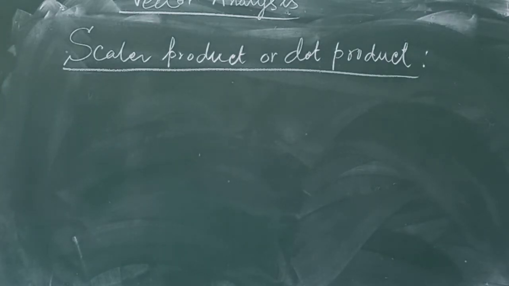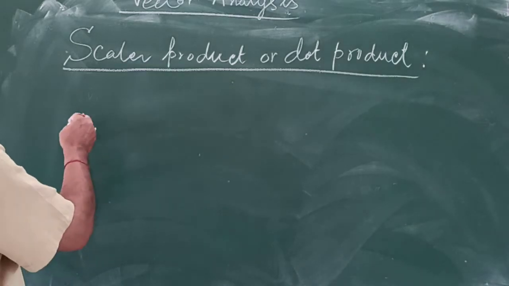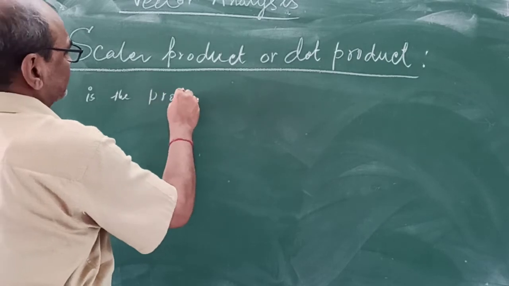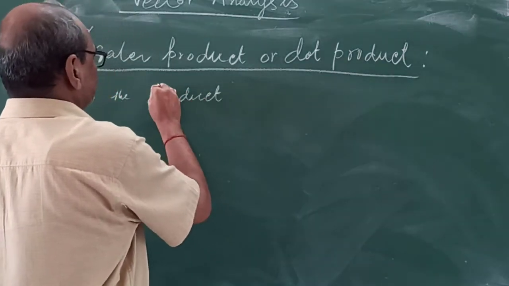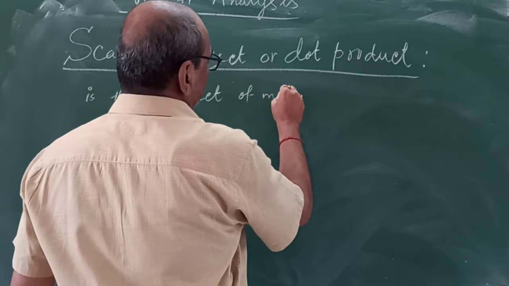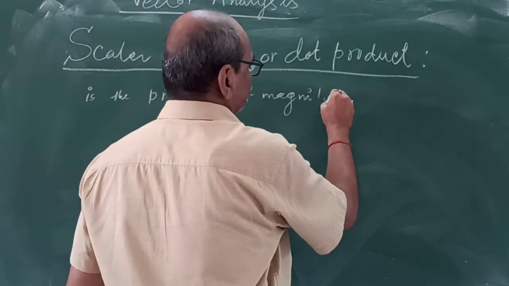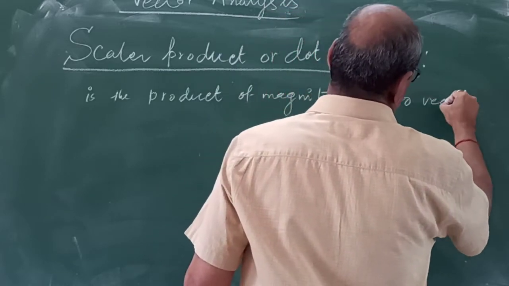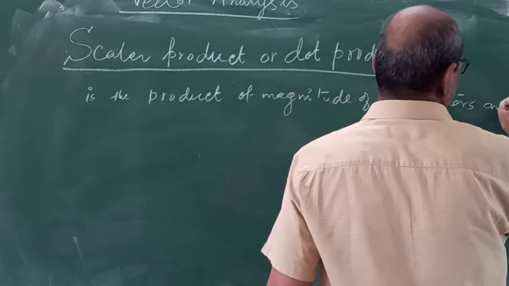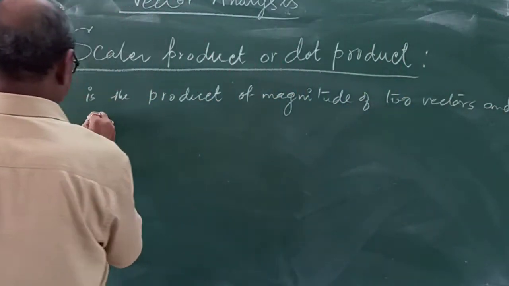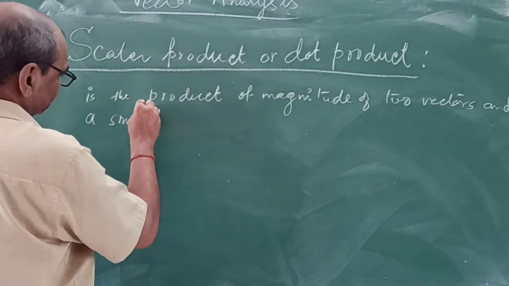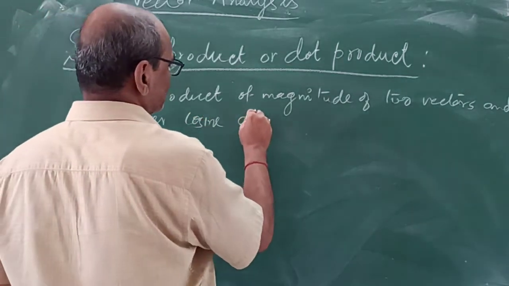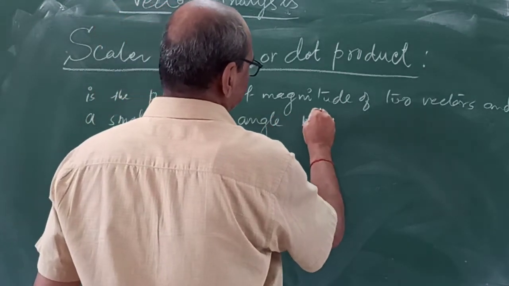So, the dot product of two vectors is the product of the magnitudes of the two vectors and the smaller cosine of the angle between them.